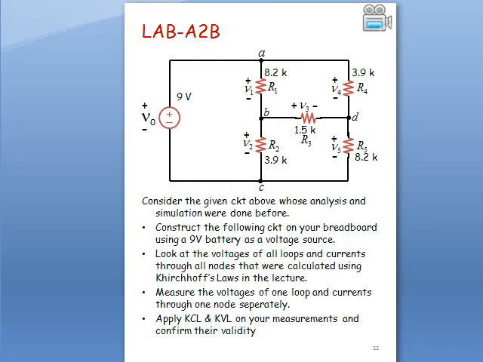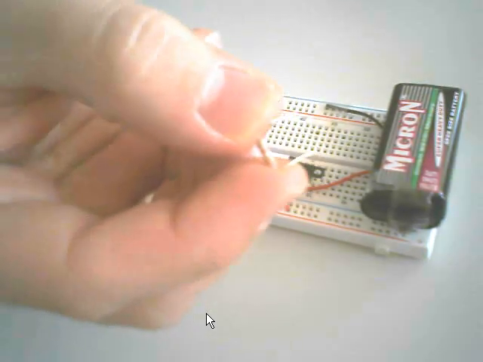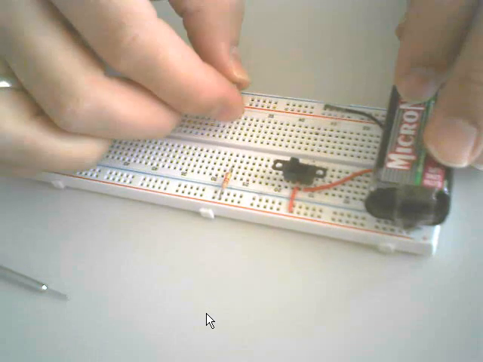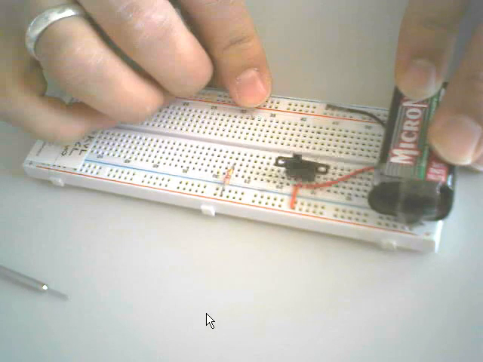And then let's look at the circuit again. R2 is 3.9. So it should have the colors orange, white, and red. I have one resistor, 3.9, and one point of 3.9 should be connected to the ground.